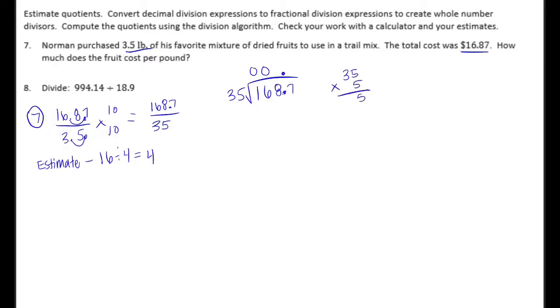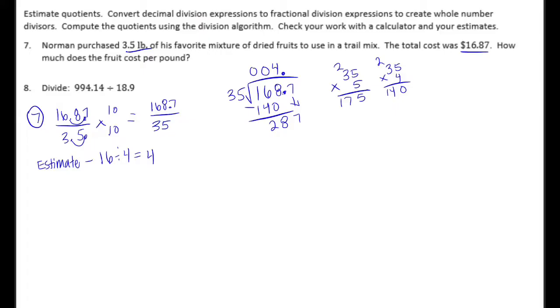5 times 5 is 25. Carry the 2. 5 times 3 is 15 plus 2 is 17. So that's too big. So 140 is 4 times. If we subtract, we get 28, bring down the 7. So how many times could 35 go into 287?